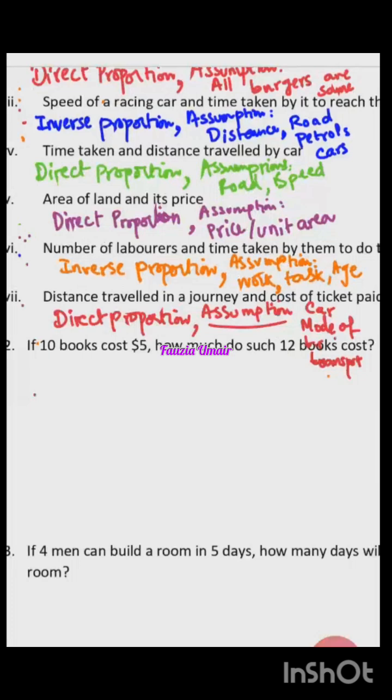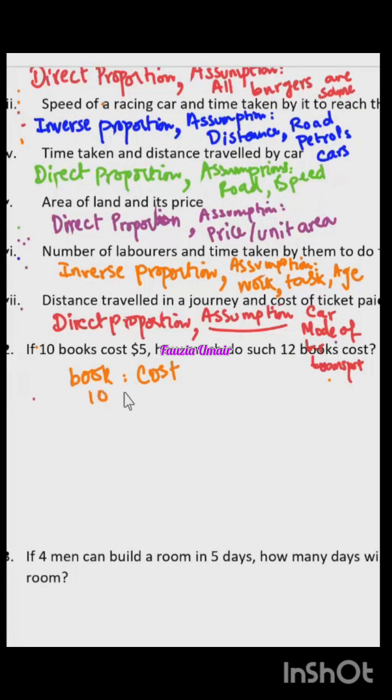Ma'am, the books and the cost. That's right, the number of books and the cost. So books are compared with the cost. If there are 10 books, cost is $5. If there are 12 books, cost is unknown. Wherever the unknown is, we will put x there.